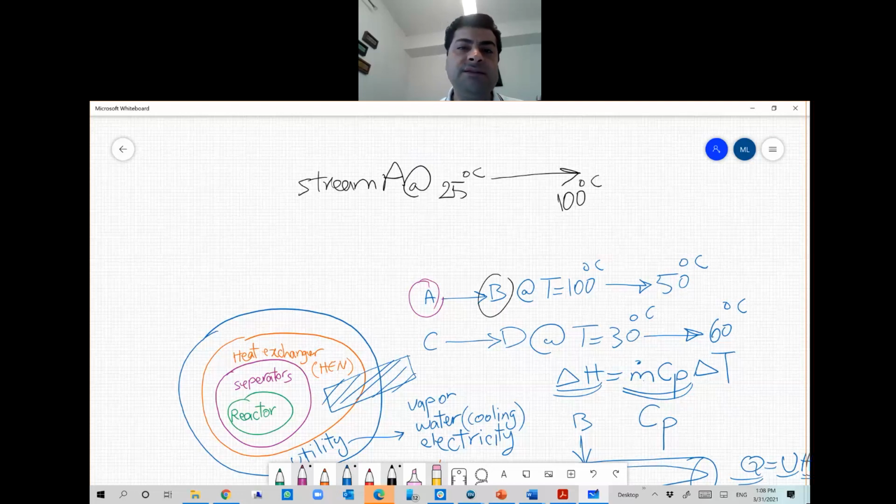Because this process stream A, for example, was heated by vapor. For example, we have a vapor in the unit, and one line of vapor is used to heat up stream A. So when you use vapor to heat up stream A, this kind of heat exchanger is a utility heat exchanger.